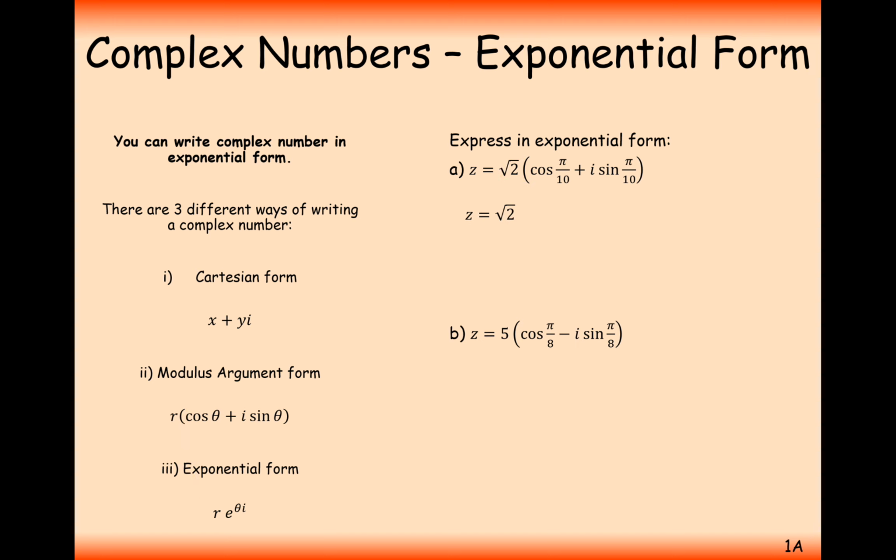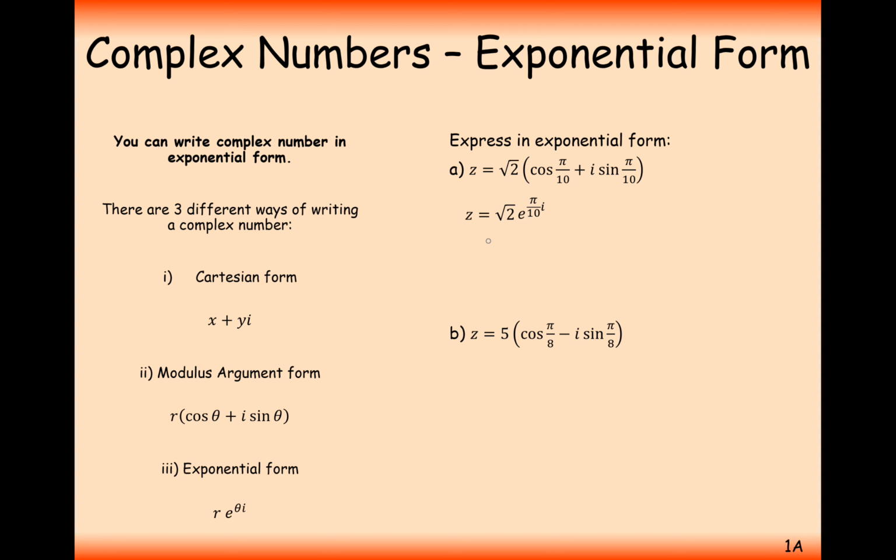Then we also spot that the argument theta is also in the exponential form, so pi by 10 being the argument here will pop in as a power of e being multiplied by i afterwards. And this is the answer, so it's just quickly borrowing over the modulus and the argument from the modulus argument form and rearranging it into this specific way.